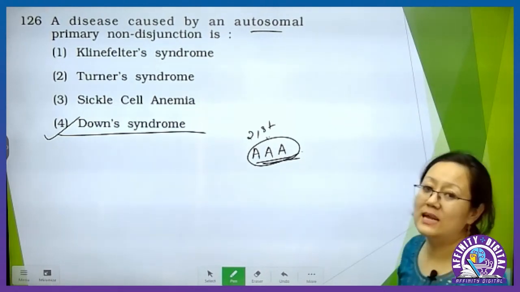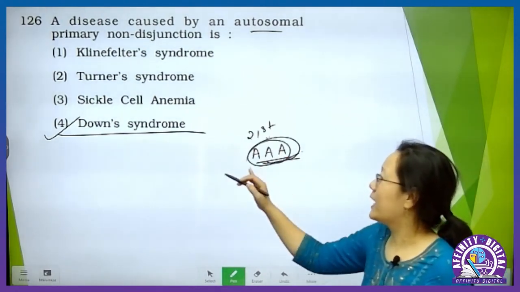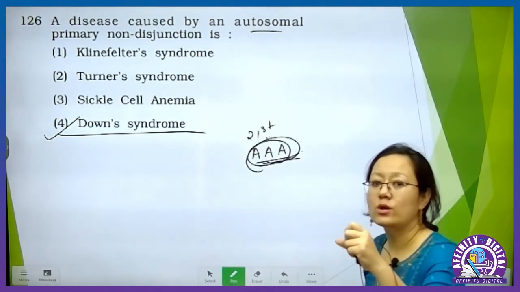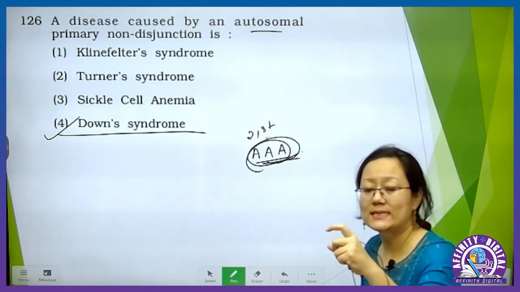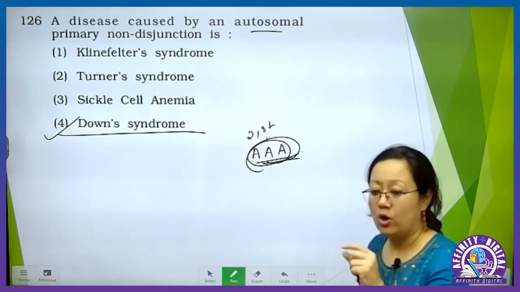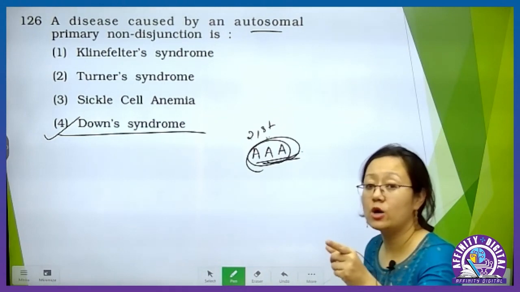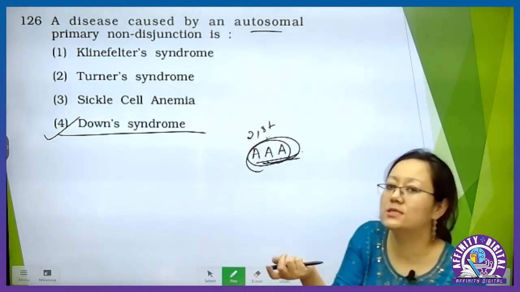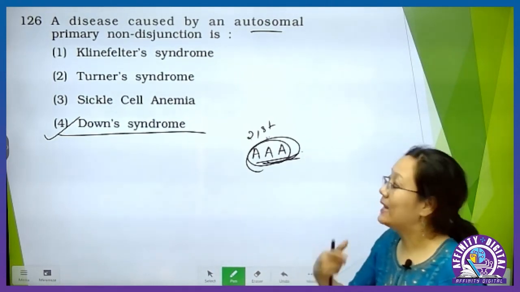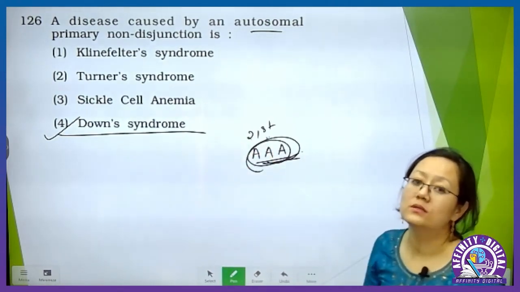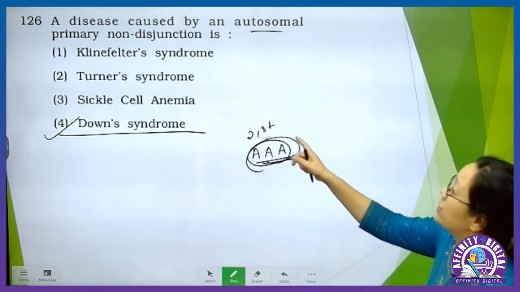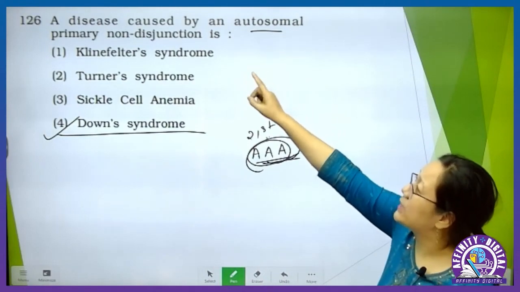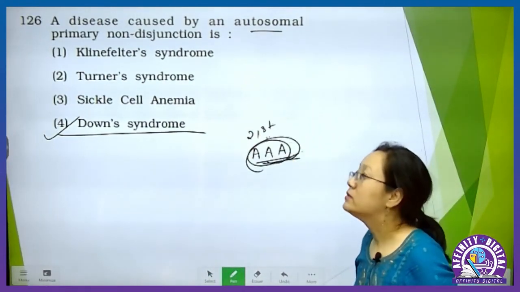This I have explained in the class nicely. So if during the mother's oogenesis, in anaphase 2, the chromatids are not separated, the 21st chromatid is not separated, or non-disjunction of the 21st chromosome occurs in anaphase 2 of either spermatogenesis or oogenesis, then it leads to this kind of autosomal disorder. Okay, so the question is asked, the disease caused by an autosomal primary non-disjunction is Down syndrome.